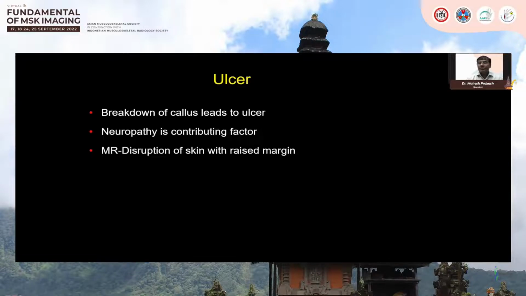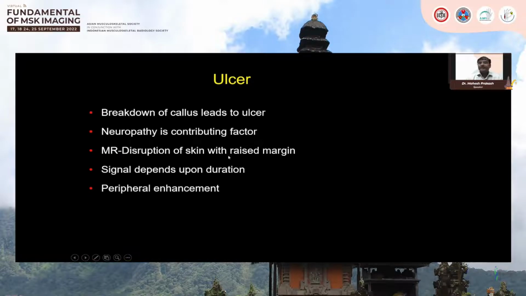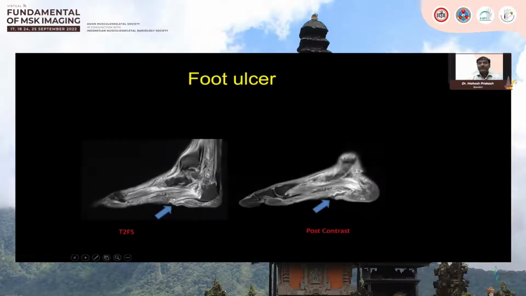MRI shows disruption of the skin with a raised margin. The signal of these ulcers depends upon the stage of the ulcer. They may show peripheral enhancement. See, this is a case of foot ulcer. The arrow shows the typical foot ulcer with the raised margin. It shows enhancement, and you can see there is a tract, a sinus tract also.